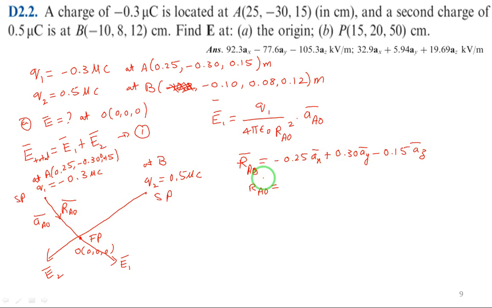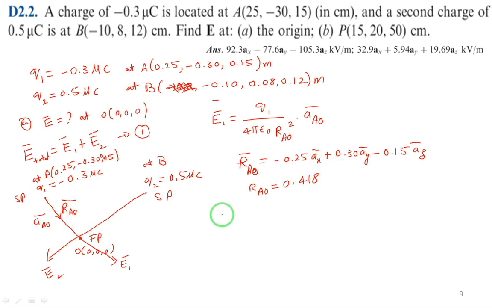Then we'll try to find out the magnitude RAO. So I'll take the calculator. I hope you are also taking a calculator. Under root of 0.25 square plus 0.3 square plus 0.15 square. So I am getting 0.418, the distance. 0.418 is the magnitude.